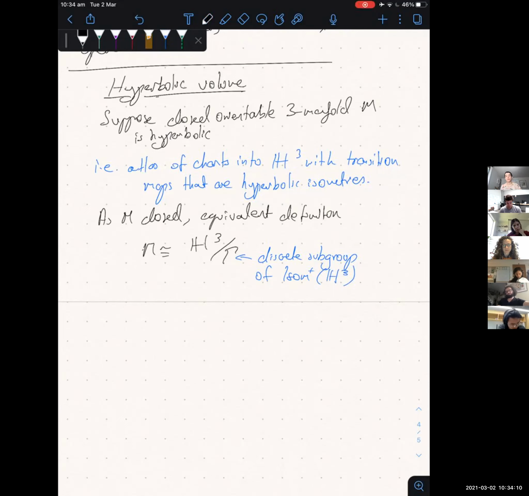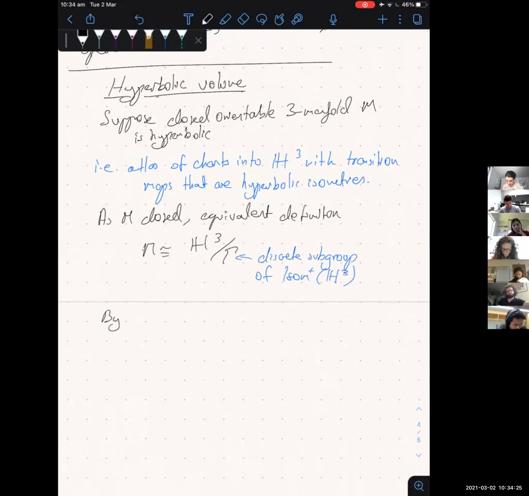All right, so we've ported across to hyperbolic geometry, and so for a given hyperbolic structure, we can ask what is the volume of this geometric object.